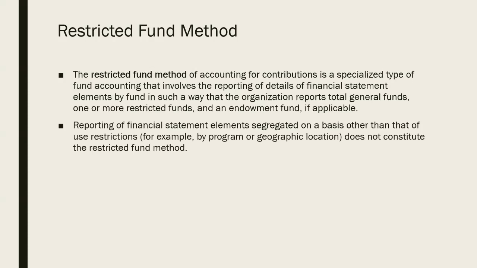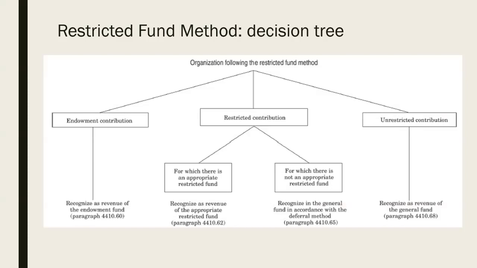So if the not-for-profit organization chooses to present segregated information by program or by geographic location, but it does not correspond back to the nature of use, then that's not truly the restricted fund method. Right? The following slide gives us a decision tree to follow.